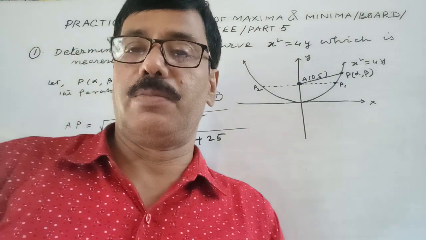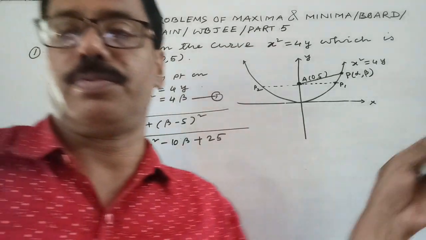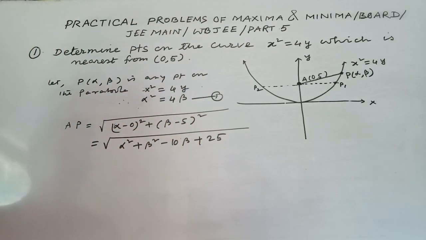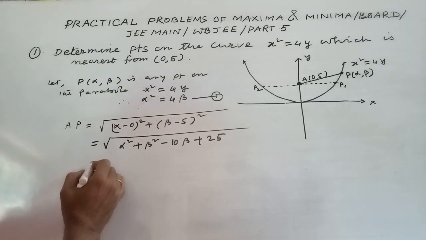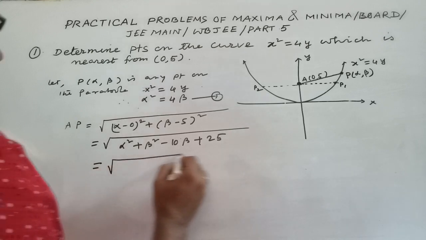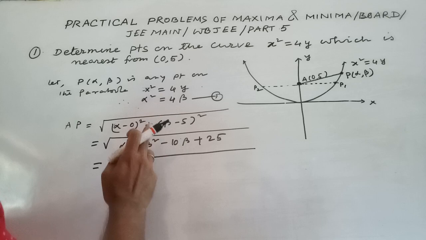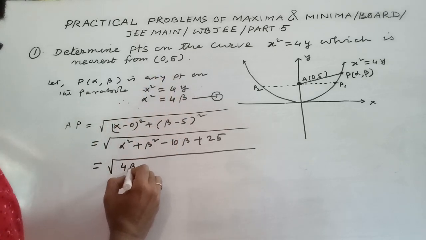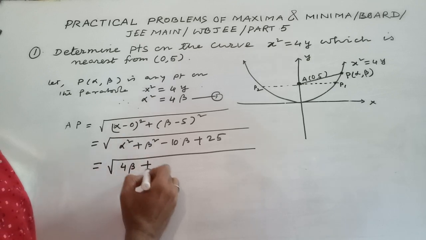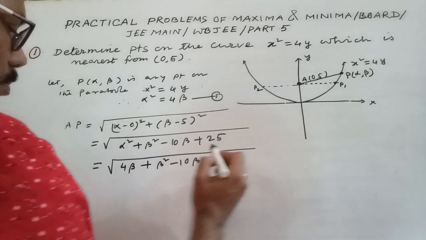This is a relation involving alpha and beta, so our main aim will be to put it in terms of a single variable. You may put the value of alpha square, since alpha square equals 4 beta.